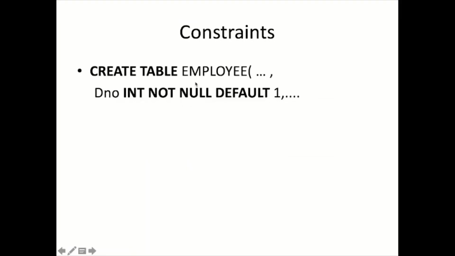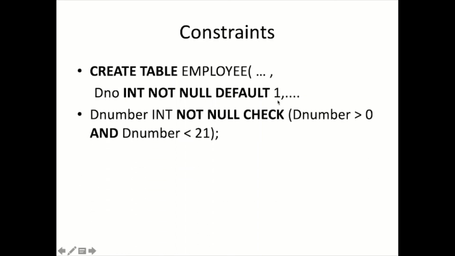So you can use this create table. In order to specify the default value, you can specify like this, default 1. So if no value is entered by the user when we insert some data element, it will take the default value 1. Then you can specify constraints like this: d number int not null, check whether d number is between 0 and 21.